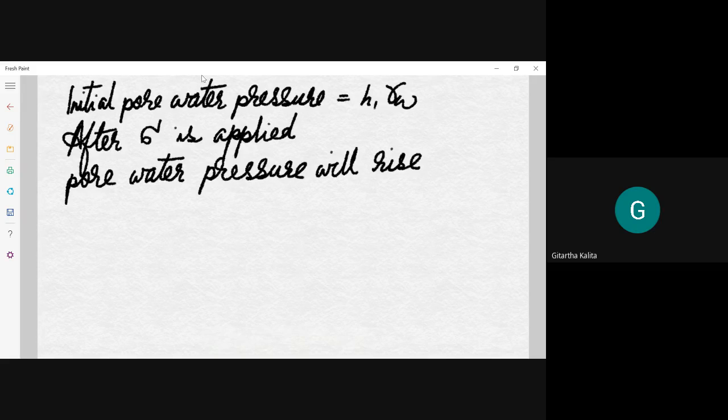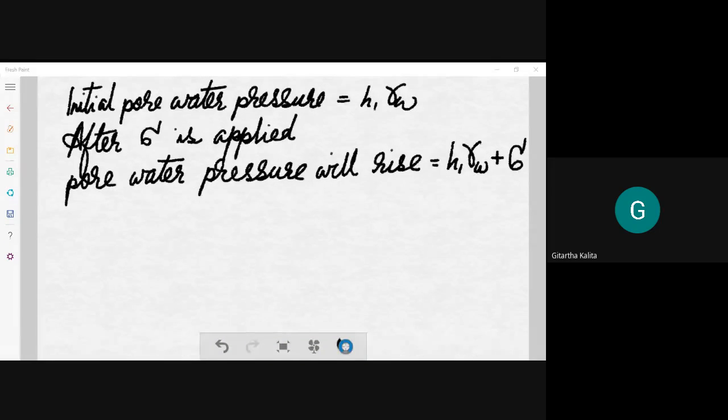And how much will it rise? It will become H1 gamma water plus sigma, because additionally we have applied a sigma stress. Initially the pressure of water was H1 gamma water, then we applied additionally a stress of sigma.